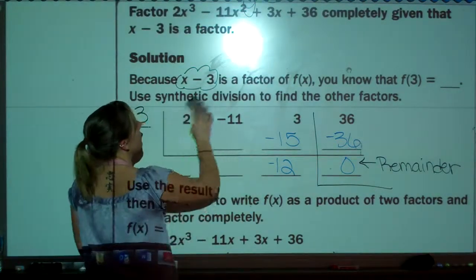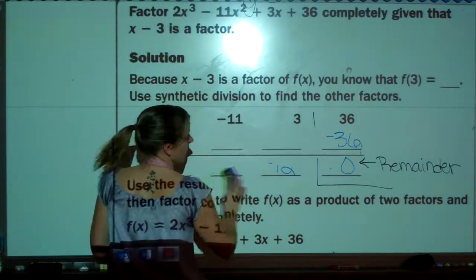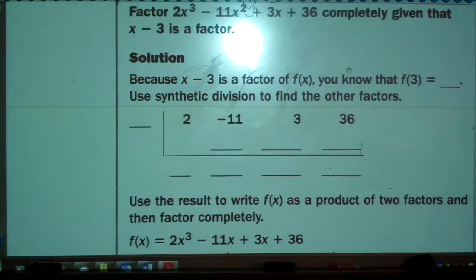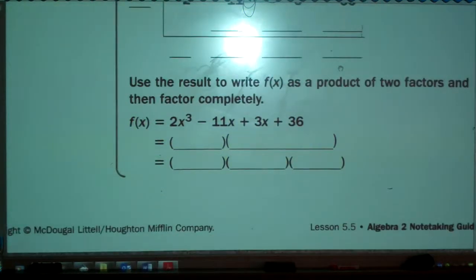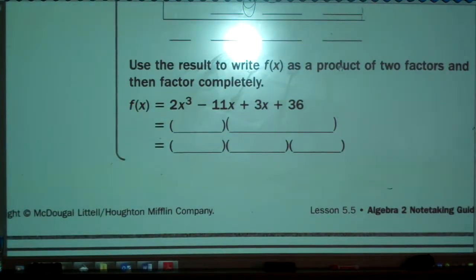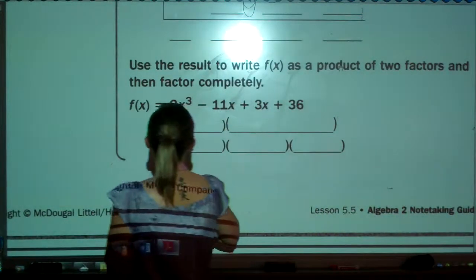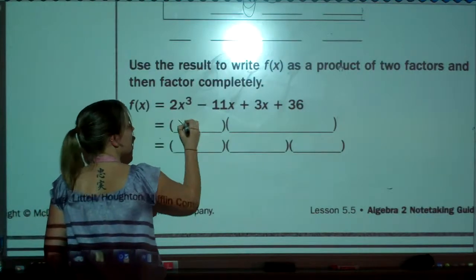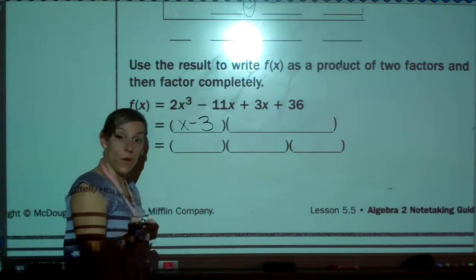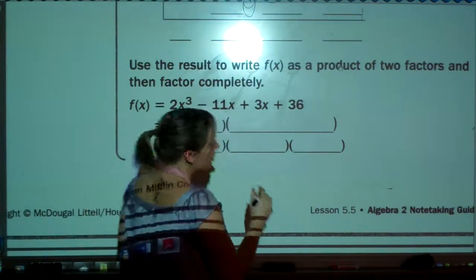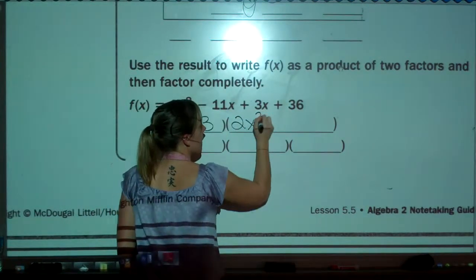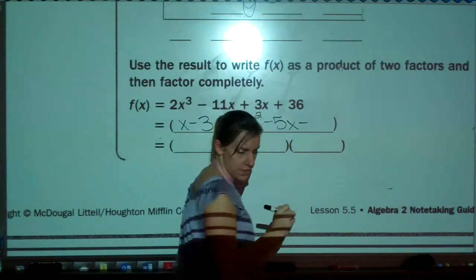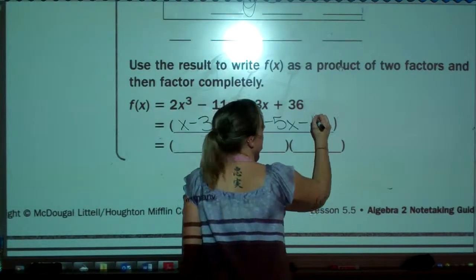So let me scroll. Alright, so the last thing we're going to do, so far we know that x minus 3 is a factor, and when we divided it, we got 2x squared minus 5x minus 12.